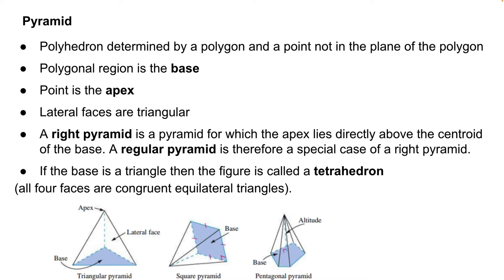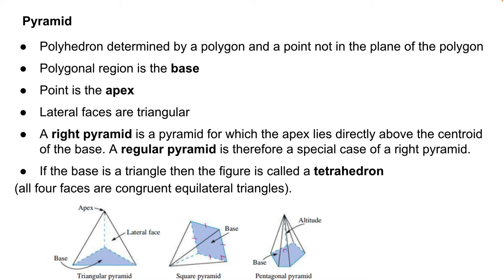What is a pyramid? A pyramid is a polyhedron determined by a polygon and a point not in the plane of the polygon. So you have a polygon, right? A triangular pyramid, for example, has a triangle base. And there's a point that is not on this plane, so outside, and we call that the apex.